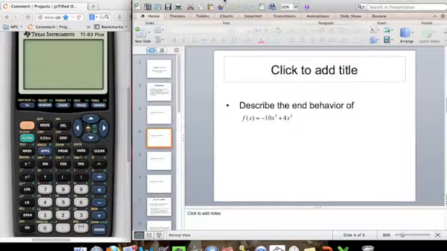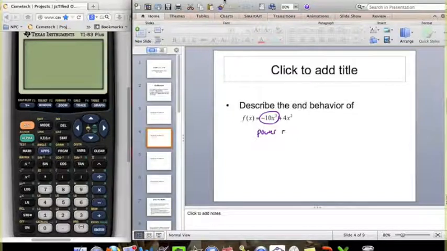So in our next example, we look for the term that has the highest power, which may or may not be the first one in the equation, but we want to locate the one that has the highest power. The power on that is odd, which means that the two ends are going to go in opposite directions.